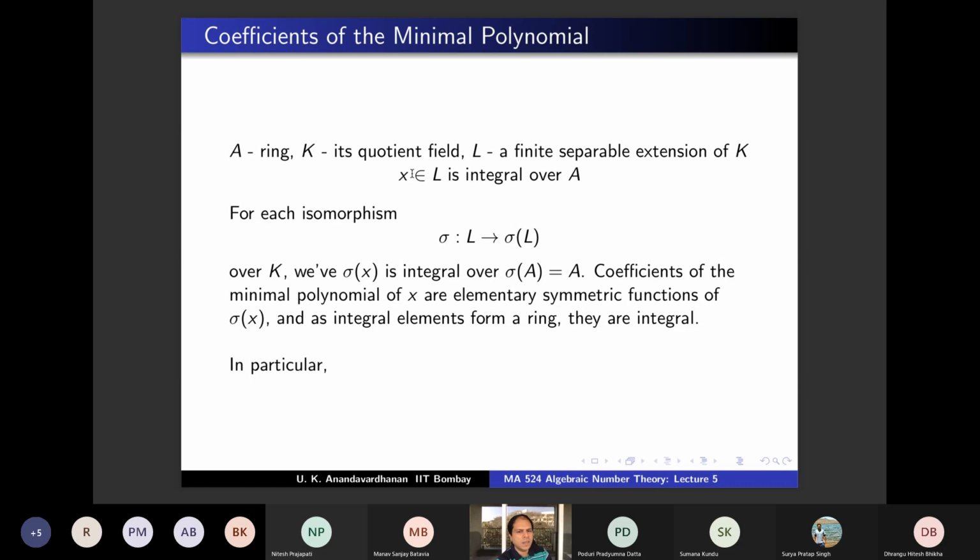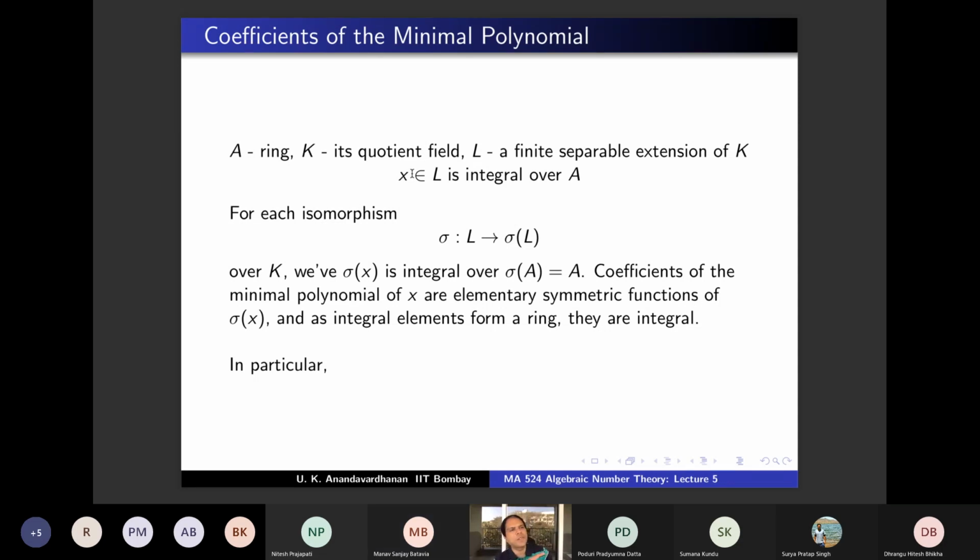So there is trace in field theory also, no? What is trace? Haven't you seen trace in field theory, in Galois theory? Trace is sum of all the Galois conjugates. Yeah, okay. Yeah, that is called trace.